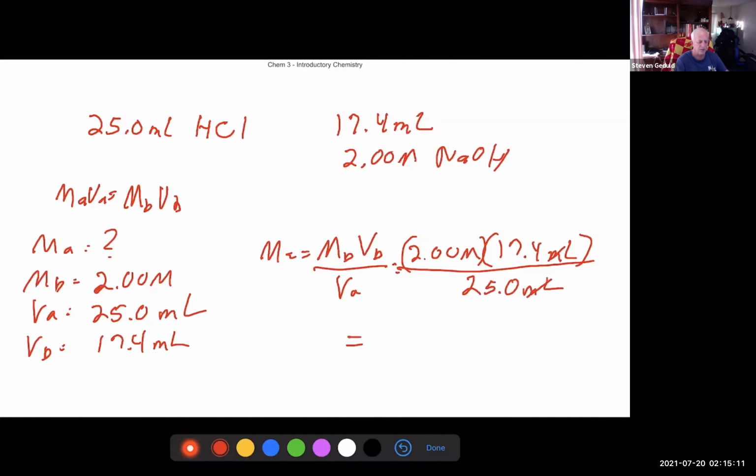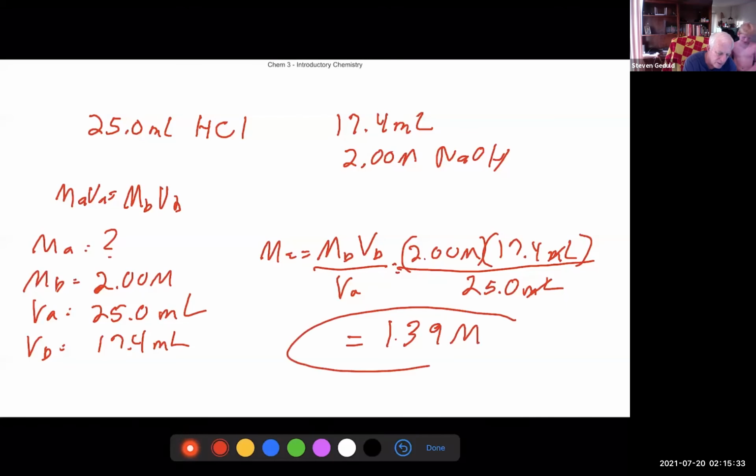And the molarity of the acid is going to be 2 times 17.4 divided by 25. That equals 1.39 molarity. That's the concentration of your acid. Okay. So you can do any dilution experiment or any neutralization experiment, titration, and solve for one and give the other.